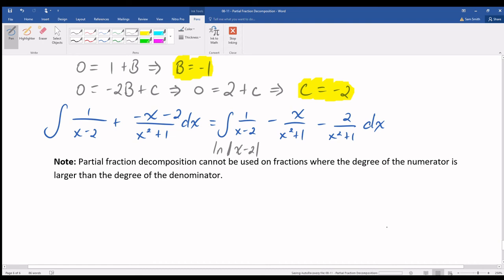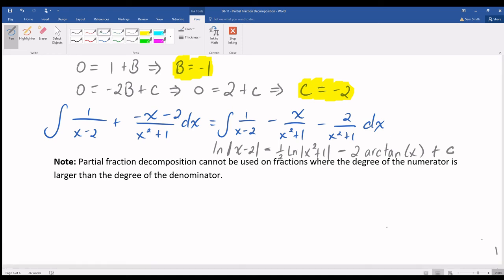We can use u substitution on the second term to find that this must be equal to 1/2 natural log of x squared plus 1, with u equals x squared plus 1. And this last term has exactly the format of inverse tangent. So this last term can be split as 2 inverse tangent, or arctan, of x, then plus C, and this will give us our final answer.